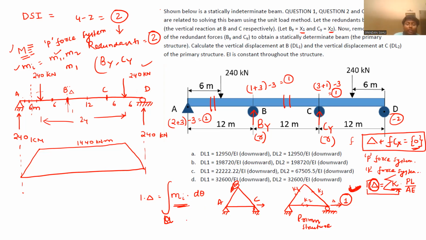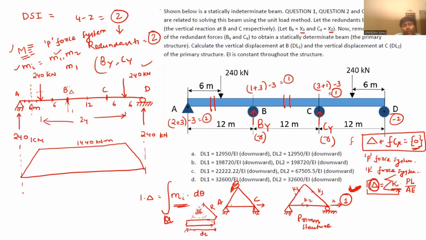Now come to this. Your beam is like this. Under some moment, your beam is getting deflected, suppose like this. This is d theta, this is R, and this is dx.